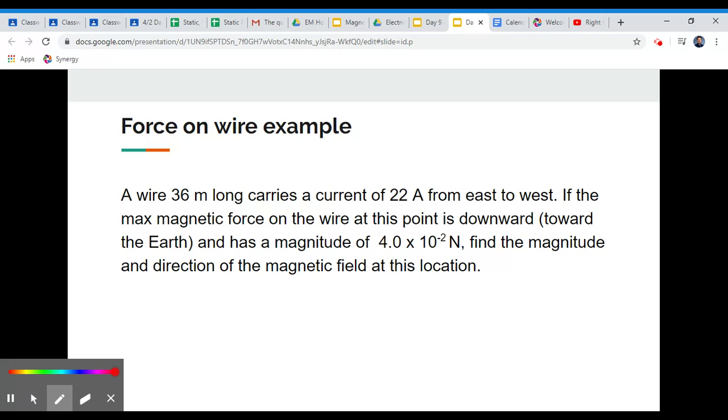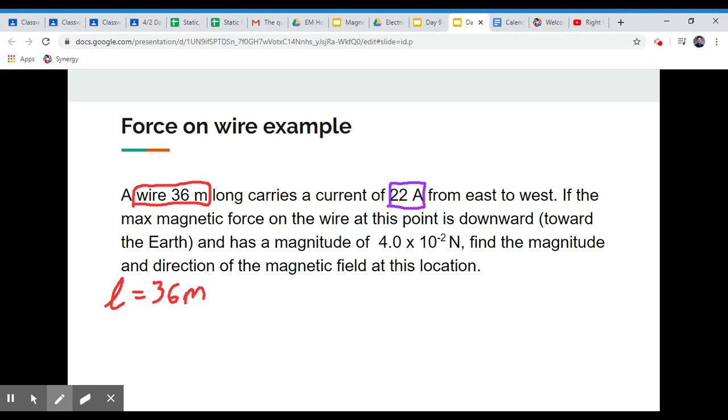Okay, so I'm just going to start writing down a few things of what I have. I have a wire 36 meters long, so that's going to be my L, 36 meters. And then I have current, which is I, 22 amps.